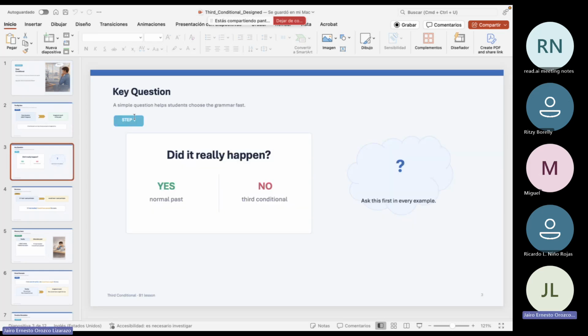So the first question that you have to ask when you use the conditional is: is this real? Yes. If that actually happened, then you have to use the normal past, so past simple. If that didn't happen, then you use the third conditional, right? That is the first question that you have to make.